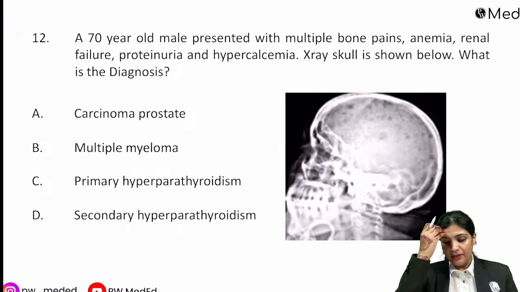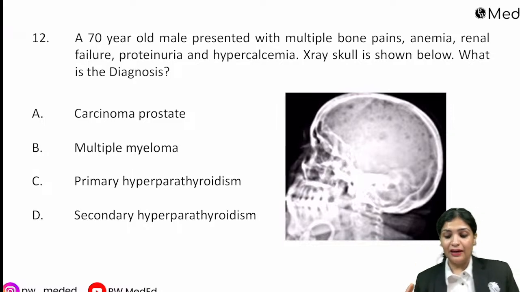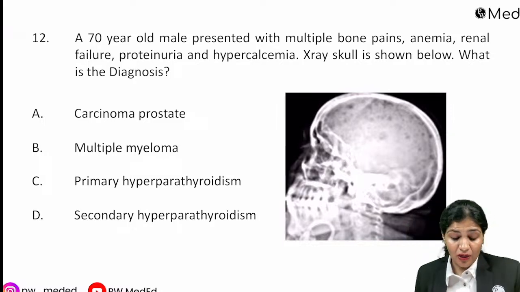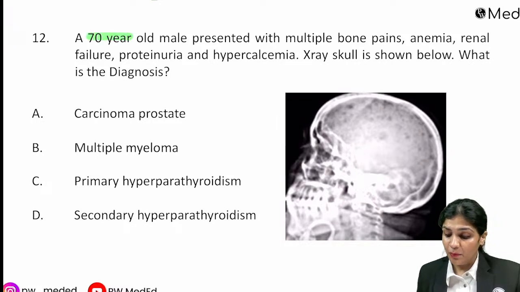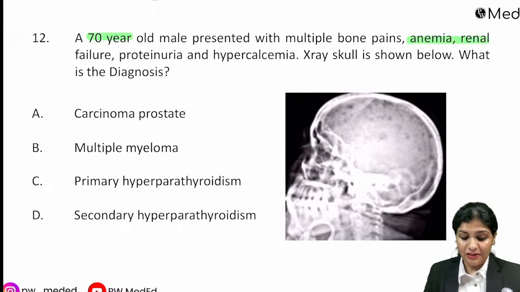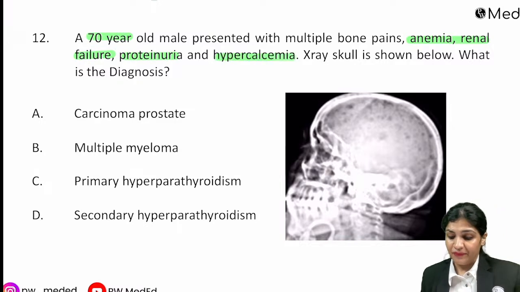In case of metabolic disorders, let us first answer this question and let us go into this topic. A 70-year-old male presented with, so the age factor is very, very important, multiple bone pains, anemia, renal failure, proteinuria and hypercalcemia. X-ray is shown below. What is the diagnosis?